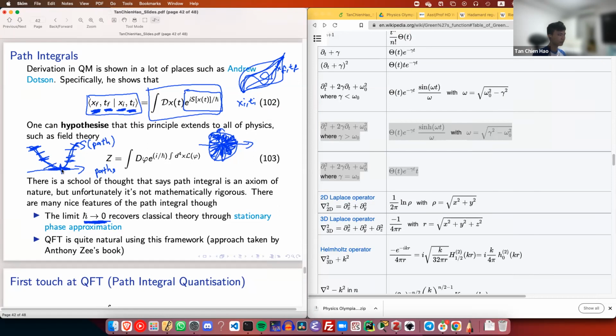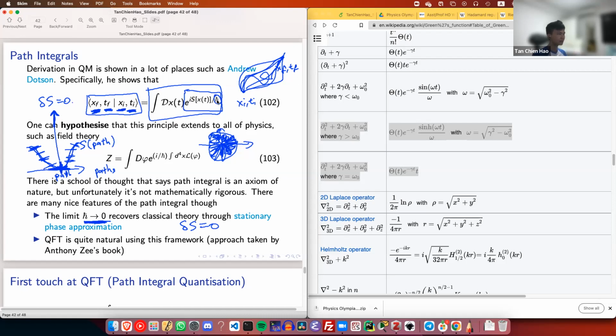However, when you have a particular path which leads to a stationary action, which is precisely our principle of least action, it doesn't destructively interfere. Meaning you perturb the path a little bit, the action doesn't change by much. That's the definition of a stationary path.